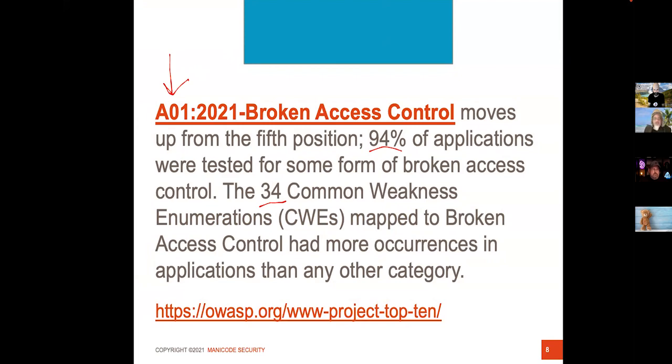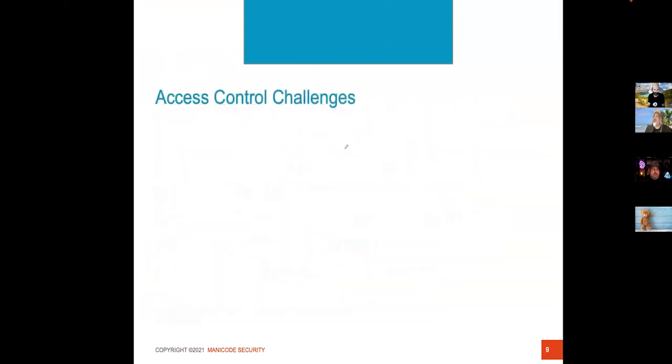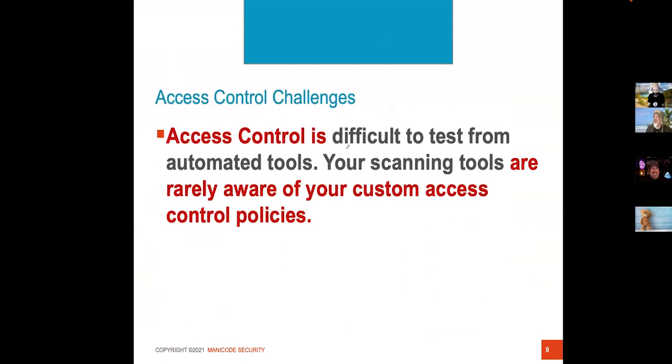Now, let me give you my perspective on it, Mr. Cohen. When we look at access control from a scanning point of view, a turnkey scanner, whether it be static analysis, dynamic analysis, or even an IAST scanner, they're not aware of your custom access control policies. They don't know if report 7, Mark, is for admins or managers or not.